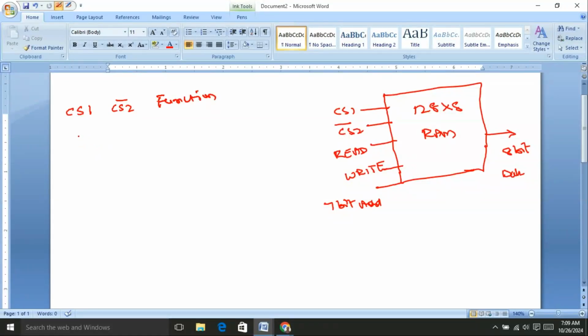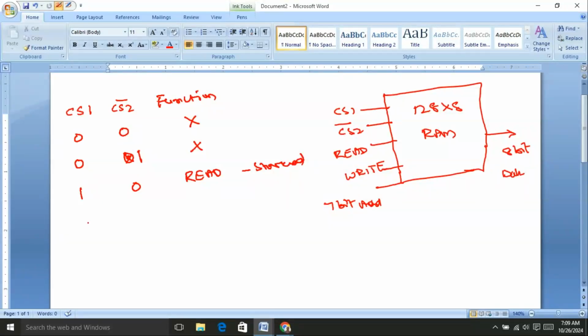Function, what happens. Suppose CS1 is 0 and CS2 is 0, it will not work at all. Suppose CS1 is 0 and CS2 is 1, even then it does not work. Suppose this is 1 and this is 0, now the read signal is enabled, the data stored within the RAM is extracted.